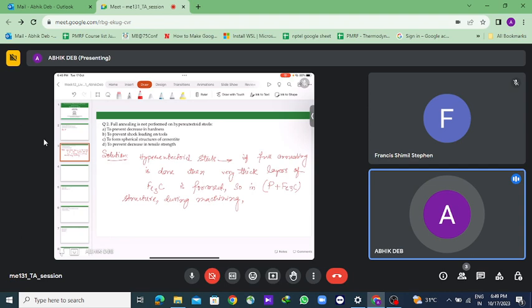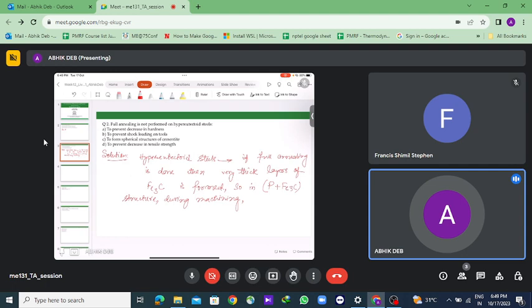In strain hardening, the surface is subjected to some kind of localized deformation, which results in localized stresses and strains, but that plastic strain which remains due to that deformation is what we are relieving.